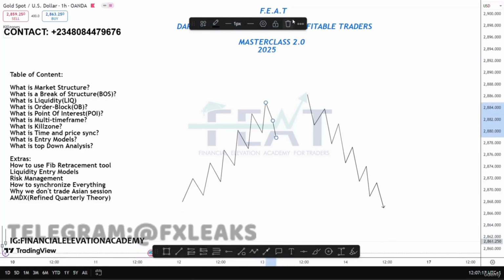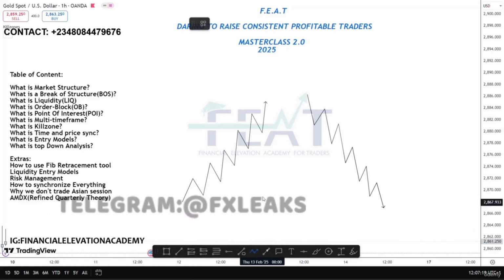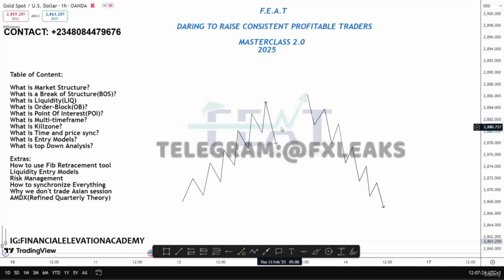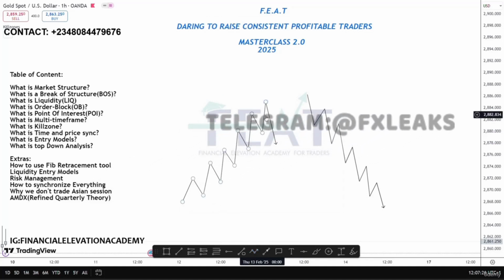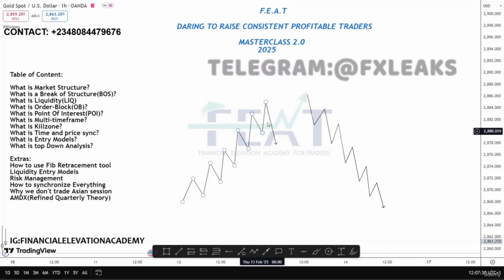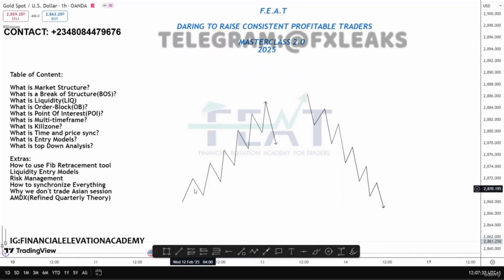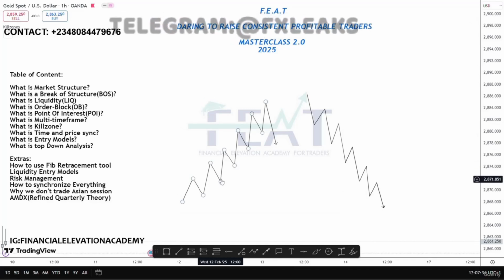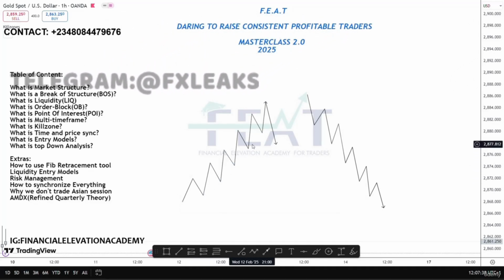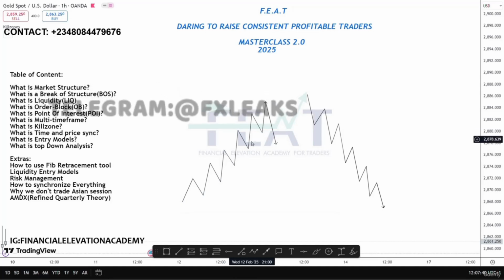Let me just draw it better. This. Now, if you notice here, this was the previous low. That normally when you look at the bullish structure, all the lows were higher than the previous low, higher than the previous low, higher than the previous low.